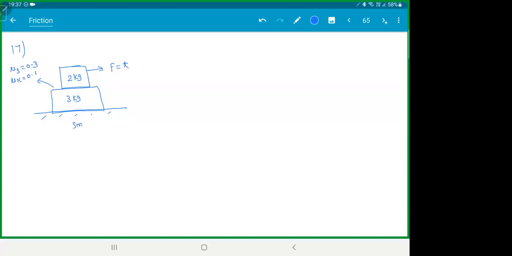The ground is smooth. Now mu S, mu K has come. Now plot the acceleration versus time graph for both the blocks. Let's see how you handle this.